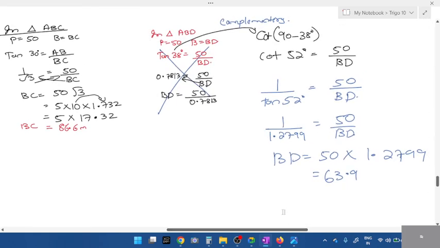I'll give two questions for homework. So the distance between C to D is BC plus BD.